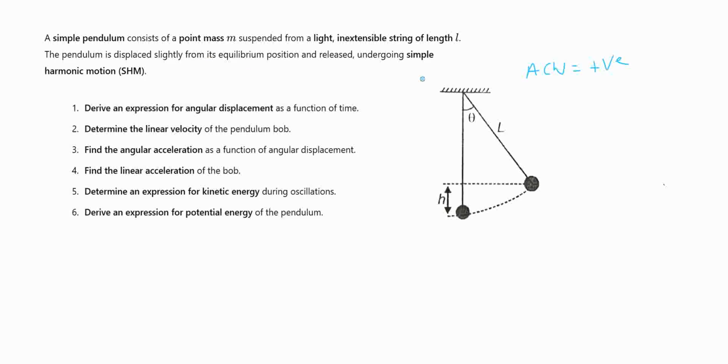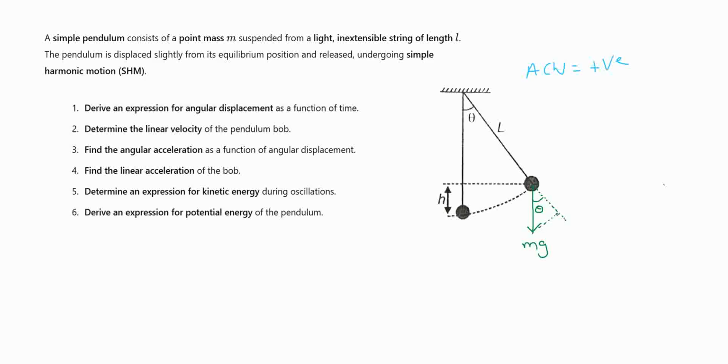Now, when the bob is moved in this manner, when it is at this position, what will be the forces on this? So we have force due to gravity in the downward direction, so mg. Now there is an angle theta between the vertical and the orientation of the pendulum. So I'm just extending this line with the orientation of the pendulum. So now this angle also will be theta.